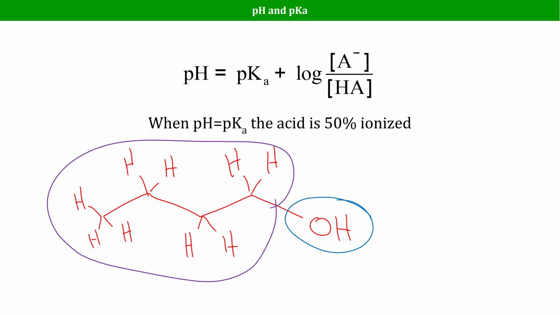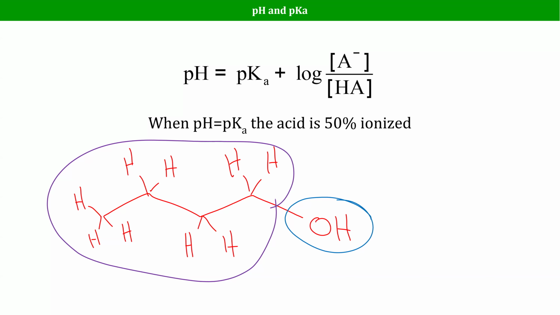And the longer this chain gets, the less it's going to dissolve in water. So in general, the rule is you need at least one OH group per 5 carbons for it to be considered soluble in water. So this would dissolve, but it wouldn't dissolve well because we're getting close to that threshold.